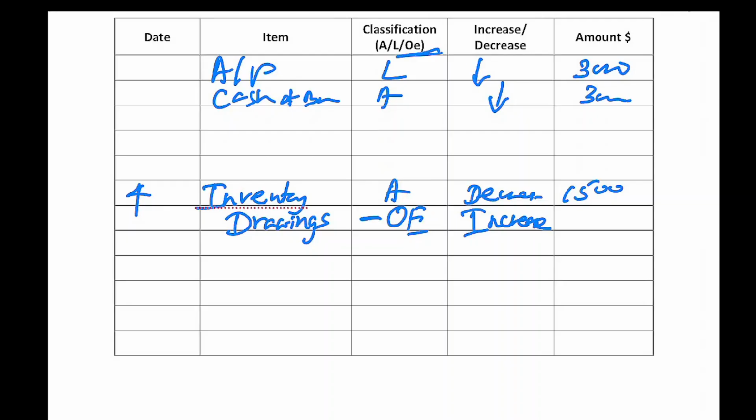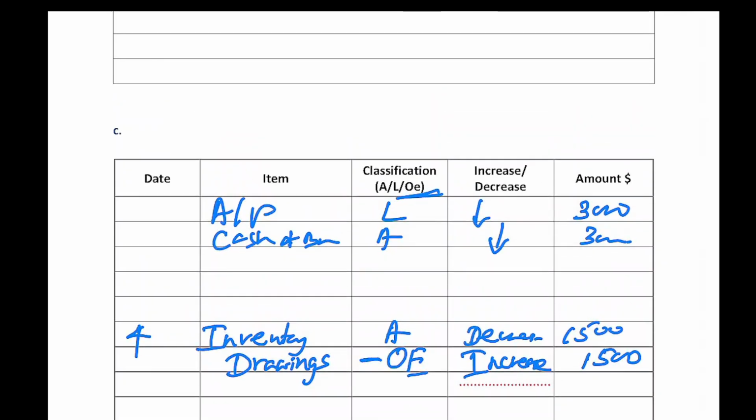Does that make sense? 1500. Please write exactly like this. If you have written anything else, please change it. This is the only correct answer. Okay?